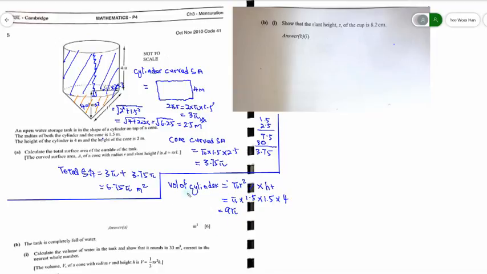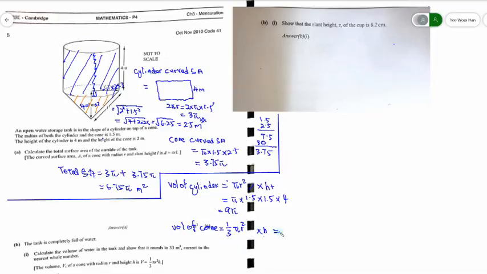Now let's look at the volume of the cone. The volume of the cone is equal to, the formula is given, 1 over 3 pi r squared times the height of the cone.